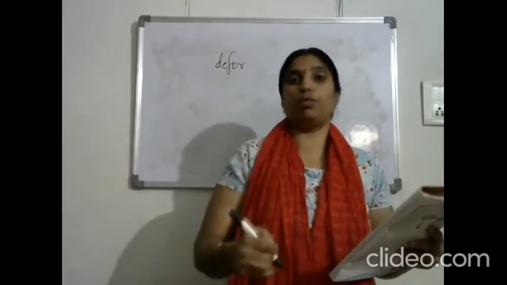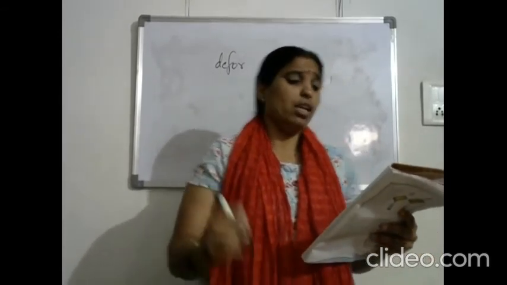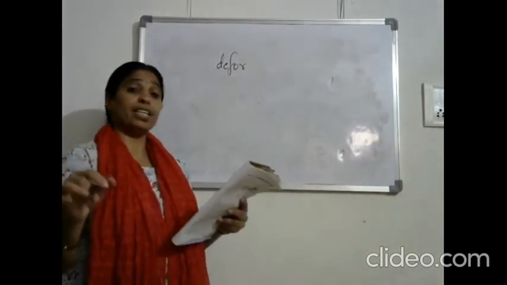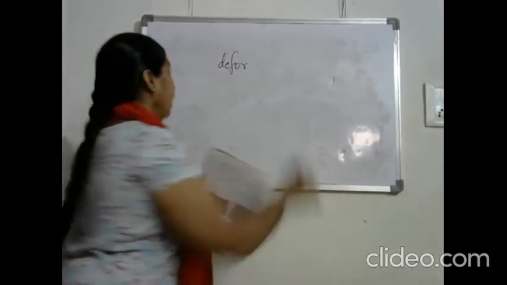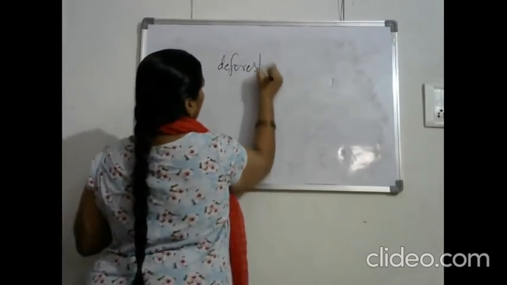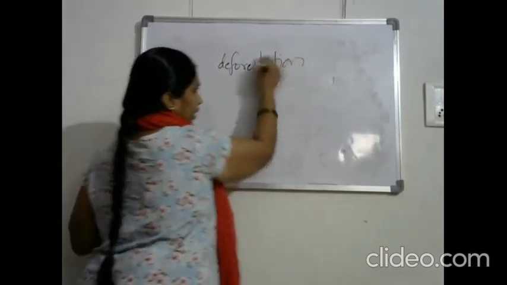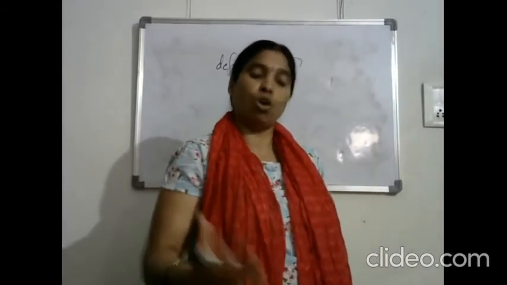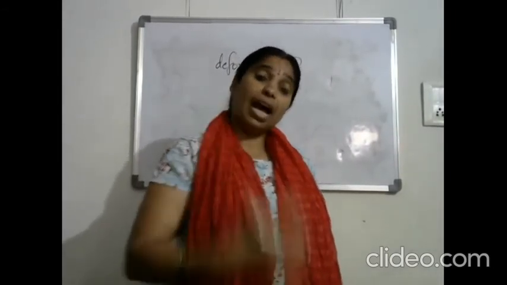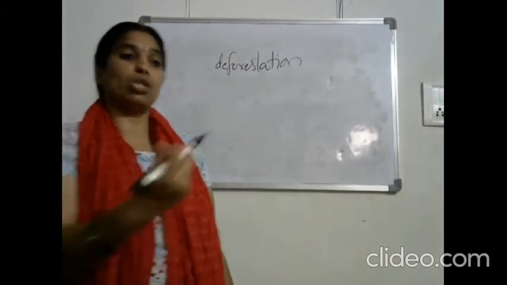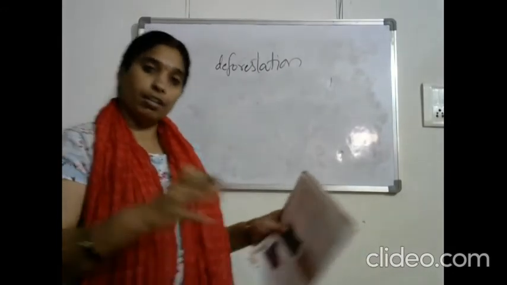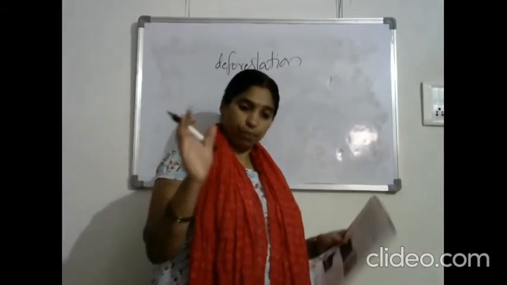The factors that lead to soil degradation are, first, deforestation. We are cutting down the trees for our benefit, for using the land. So when we are cutting down the trees, what will happen? The soil will get loosened and the fertility of the soil will not be there.